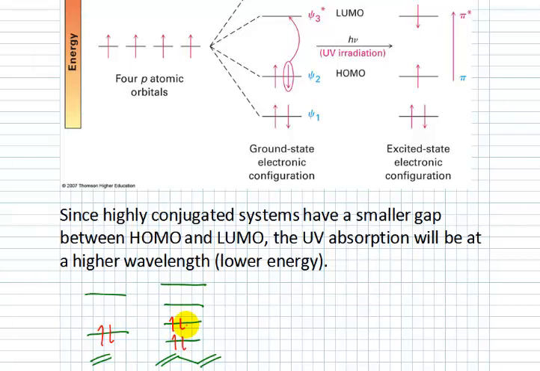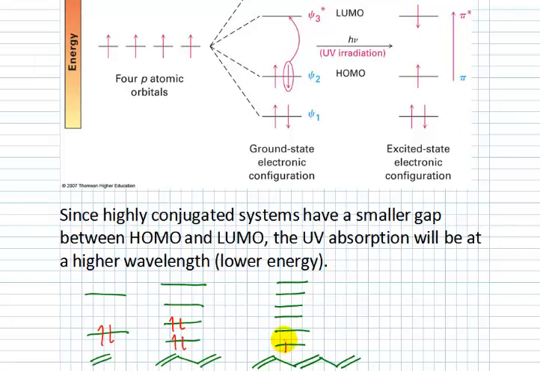If I go up to three conjugated double bonds, 1, 3, 5 hexatriene, the lowest energy one will be a little lower, but still they'll be closer together yet. Something like that.